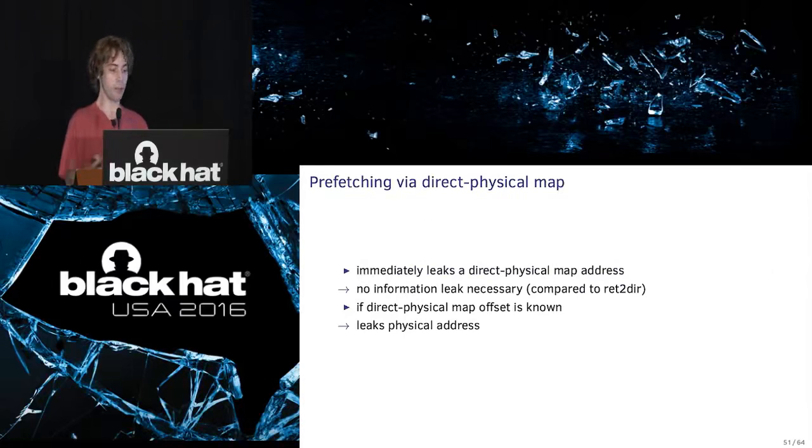This is great because this immediately leaks an address that we can exploit in a return-to-direct-like attack. We don't need an additional information leak, and we don't need the physical addresses, but if we know the base offset of the direct physical map, then we also have the physical address.